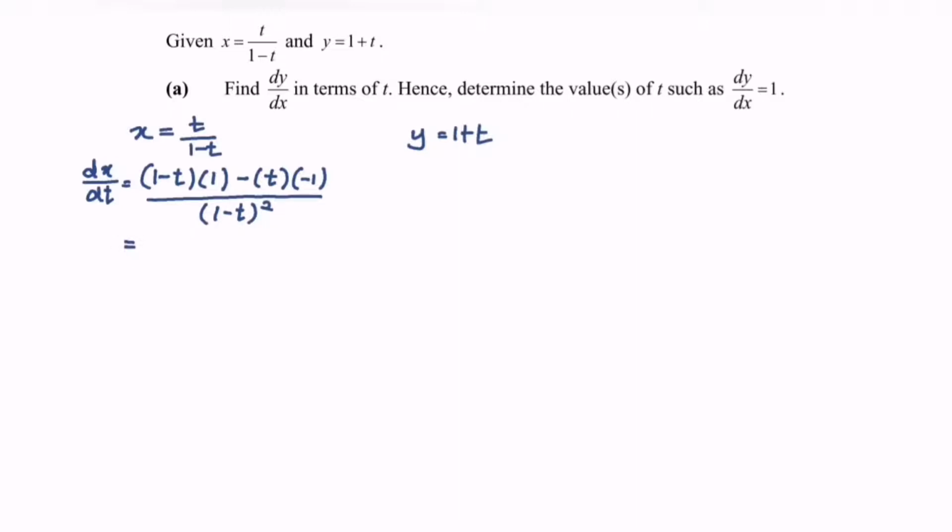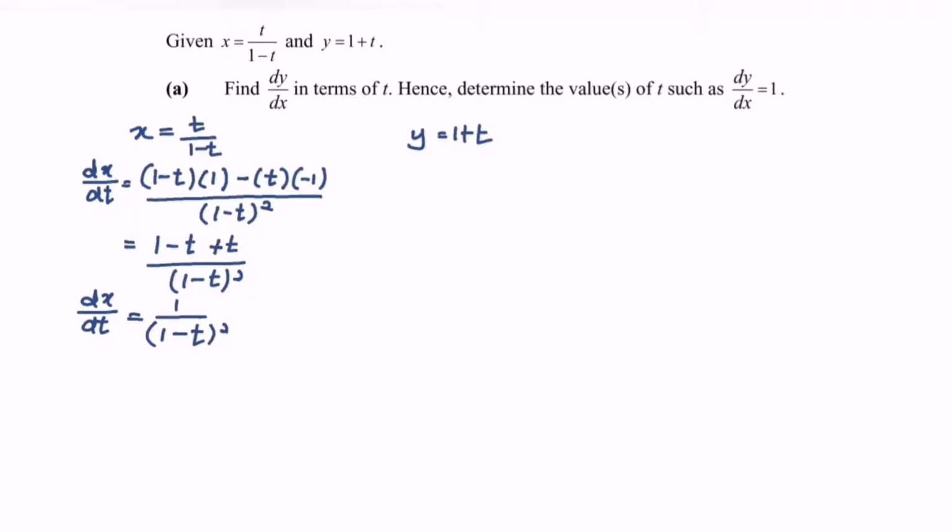Simplify the situation: 1 minus t, and after expansion, plus t over (1 minus t) squared. So finally, dx/dt will be equal to 1 over (1 minus t) squared.